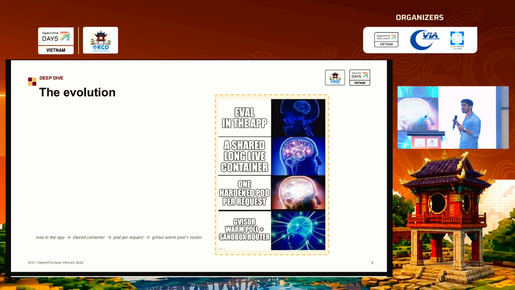One hardened pod per request is a good idea, but the true North Star would be that we should use gVisor along with a warm pool, so that we have very minimal latency with the help of the warm pool, and the kernel-level access is again bypassed with the help of gVisor.